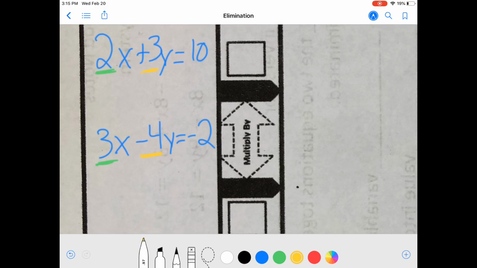So we want to get to where 2 times a number equals 6. We also want to multiply 3 by a number to get to positive 6. So 2 times 3 obviously is 6, and 3 times 2 gives me 6. So we're going to multiply the first one by 3 and the second one by 2.